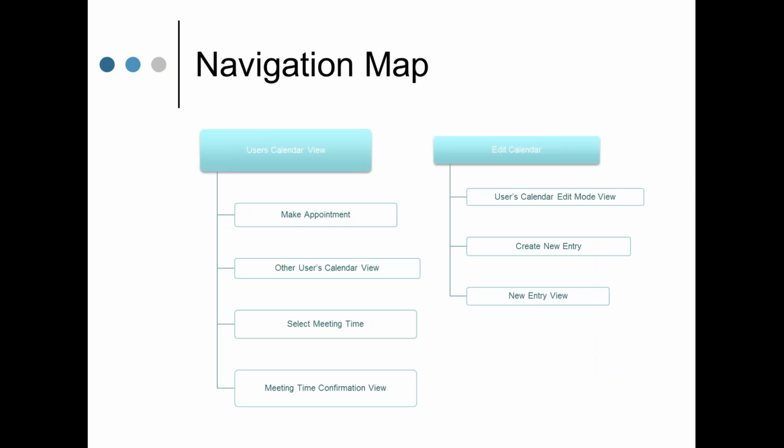So you can use the user's calendar edit mode view. You can create a new entry, and then you can look at that new entry view. So this kind of gives you a roadmap to the navigation of the system, which also helps with the design process. And it takes you through exactly different scenarios that a user would use when using your product.